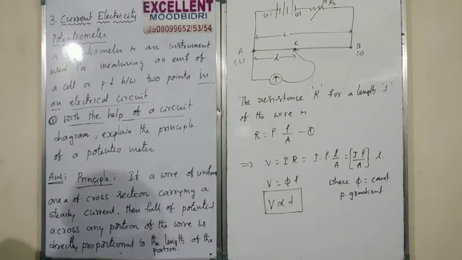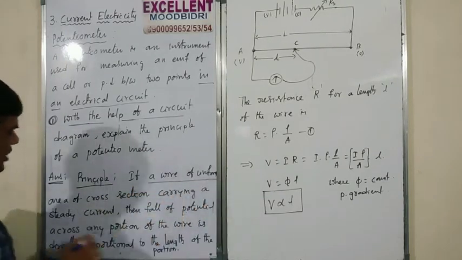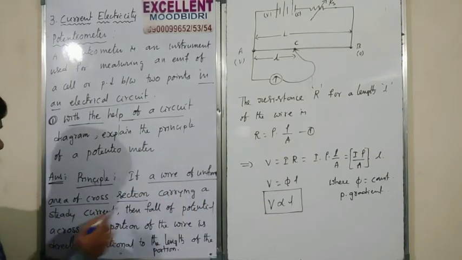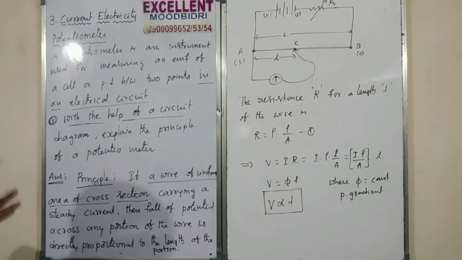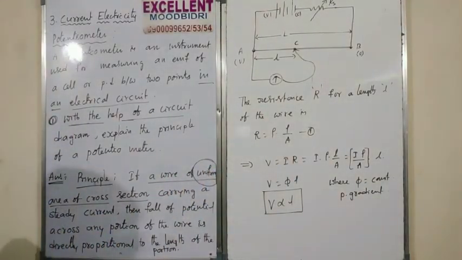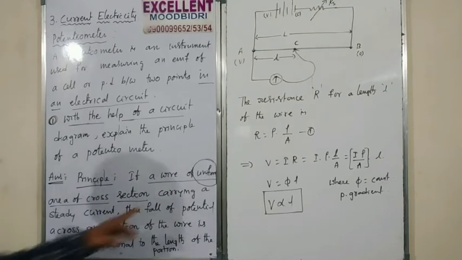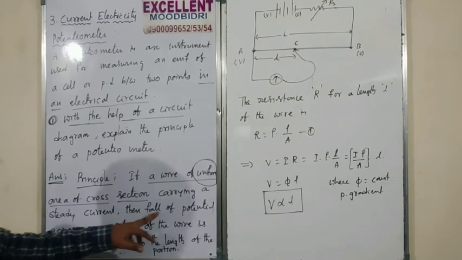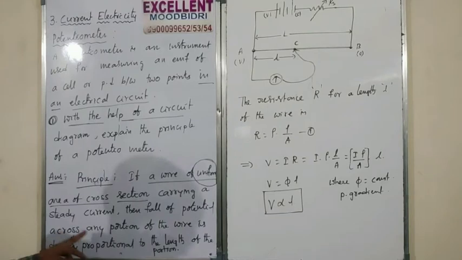The principle of a potentiometer is that if a wire of uniform area of cross section carries a steady, constant current, then the fall of potential across any portion is a series combination.